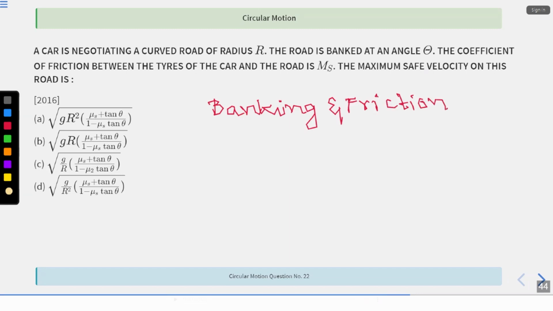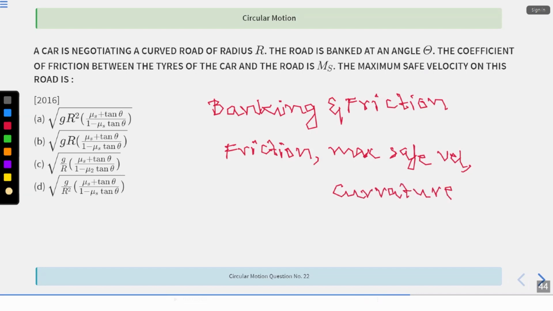So this is one of the topics that we'll come across in the forces and friction topics. Most of them usually neglect this, but this is one of the topics that we actually need to work on, because here we will be having friction, and then we'll have maximum safe velocity, curvature.